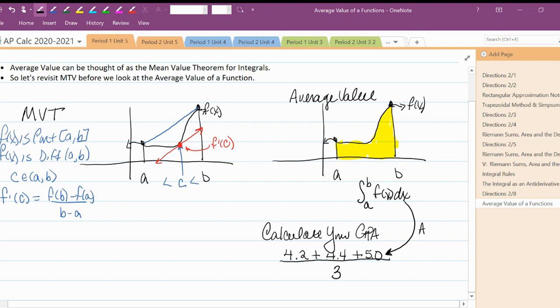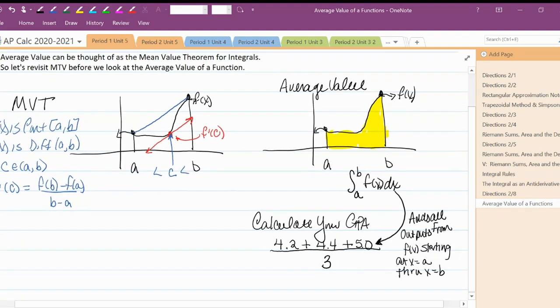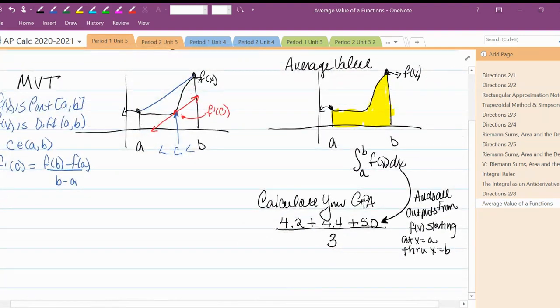This definite integral adds all outputs from f of x starting at x equals a through x equals b. Right, but we don't just add all your GPAs together. We divide by how many we have.